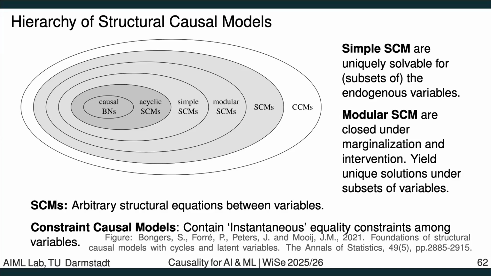And then what we have seen a bit before, in the end, is this broader class of constraint causal models, where in SEMs we still have structural equations which tell us that some effect propagates from X to Y, so having some sort of order. These constraint causal models put constraints between variables. So they say variable A always equals 5 times B. It's not an assignment.